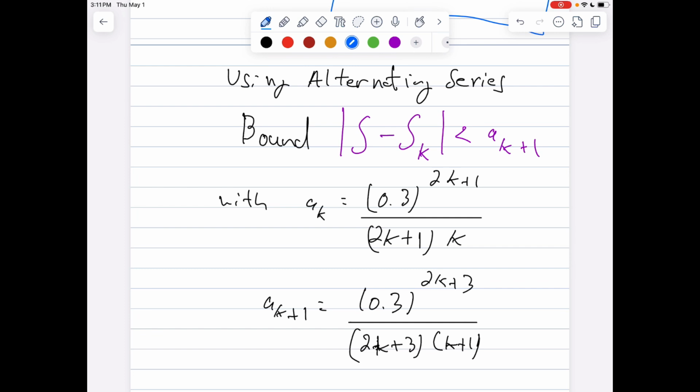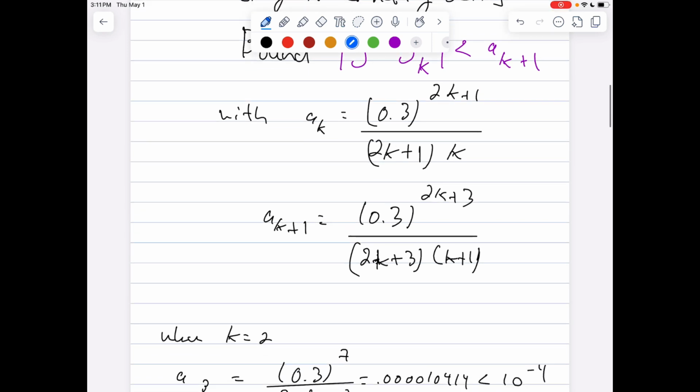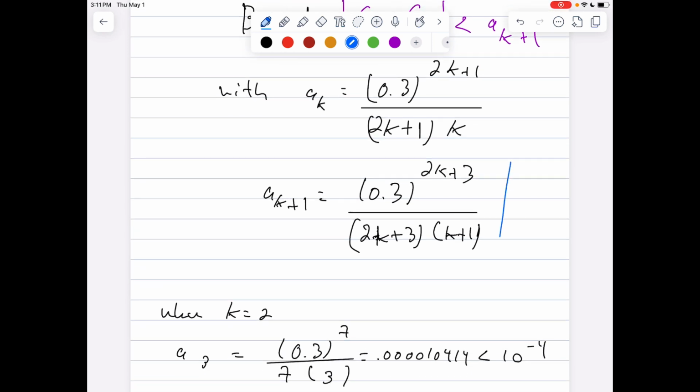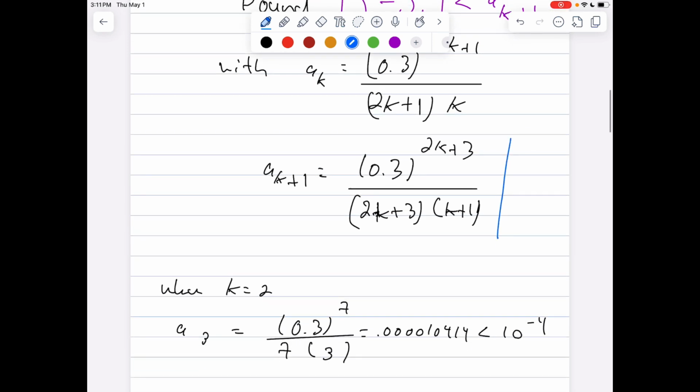And a sub k here basically is the sequence that's next to the alternating part, which is 0.3 to the 2k plus 1, all divided by (2k plus 1) times k. a sub k plus 1 is basically me replacing all the k's with k plus 1. Now, you don't actually have to make this move, but I just find it a little easier to follow along with those steps.